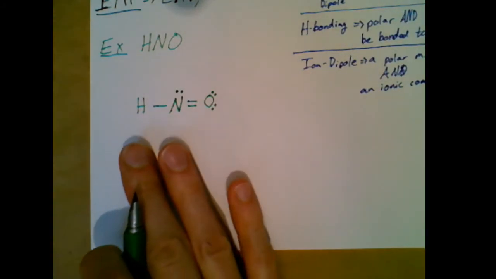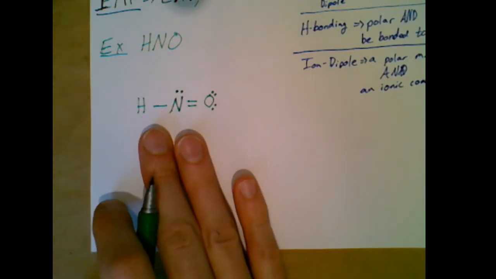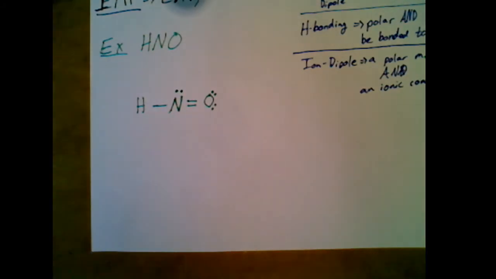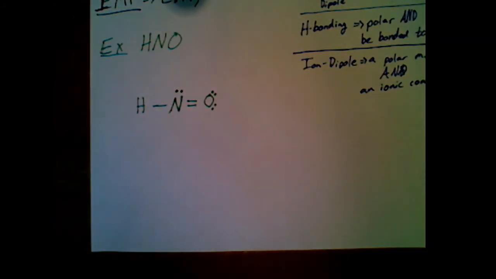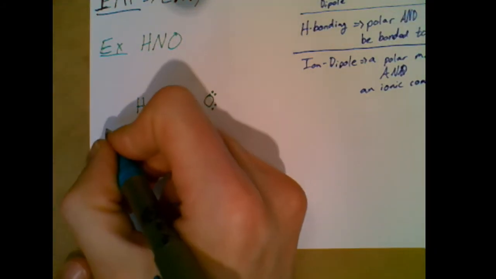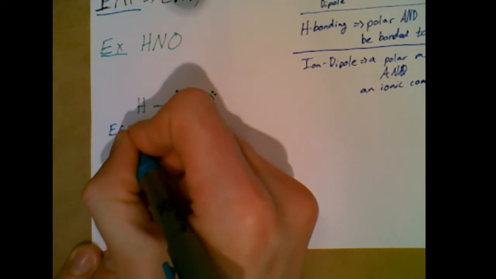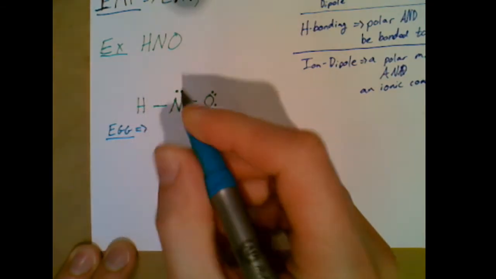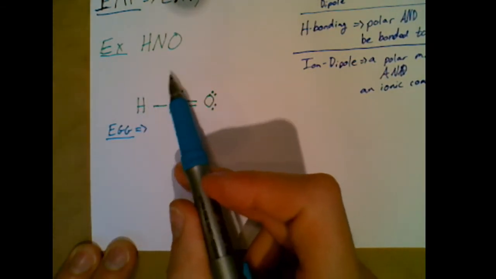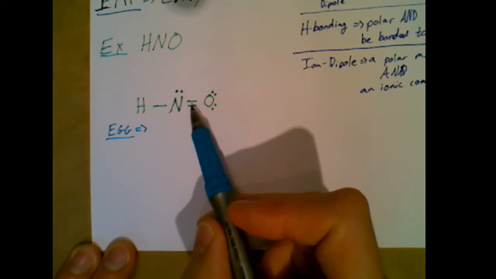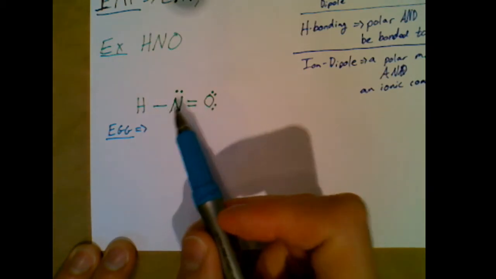Now, if you don't understand how I got there, that probably means you need to go back and review Lewis structures, so make sure you do that. And then what we need to think about next is the geometry of this molecule. So the electron group geometry of this molecule, it has 3 electron groups, right? A double bond, a lone pair, a single bond.